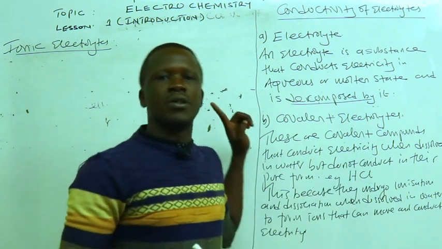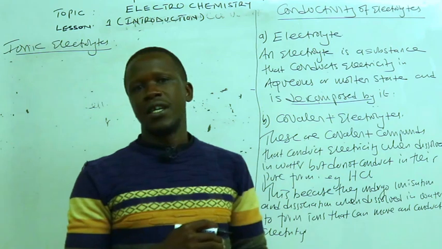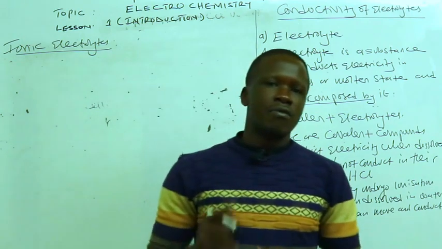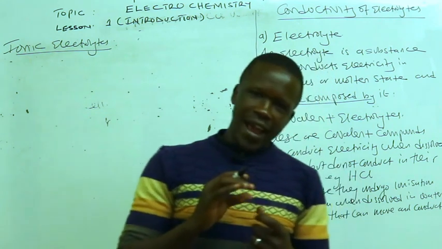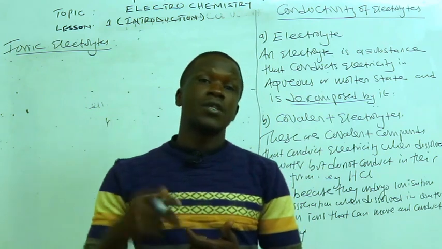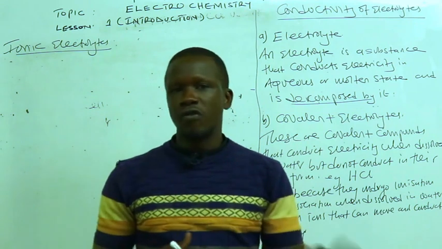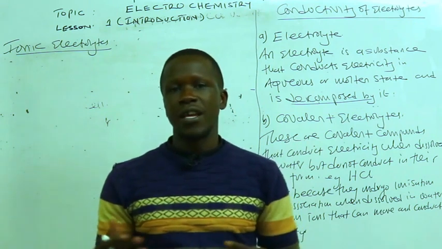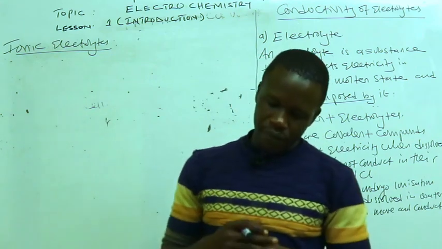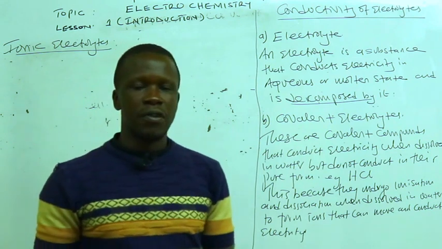Now, these salts, when in a solid state, will not conduct electricity. Reason, the ions are strongly attracted to one another. And because of that, the ions are not free. There is a very strong ionic bond.